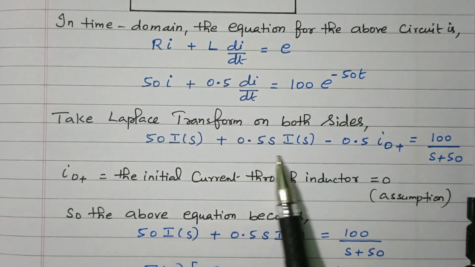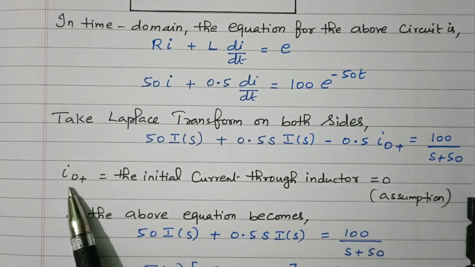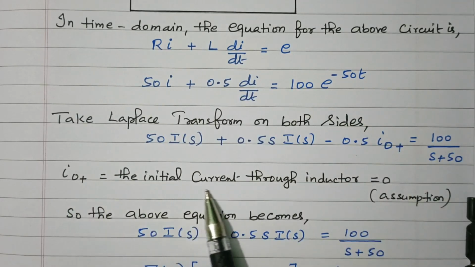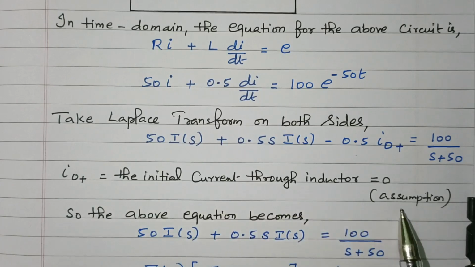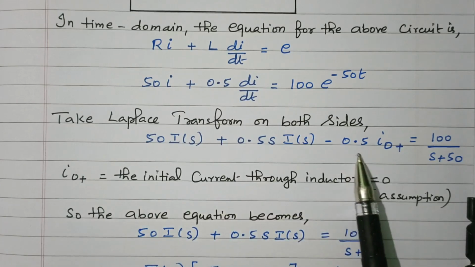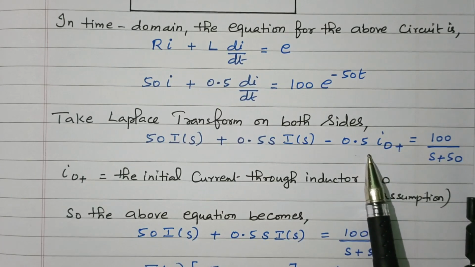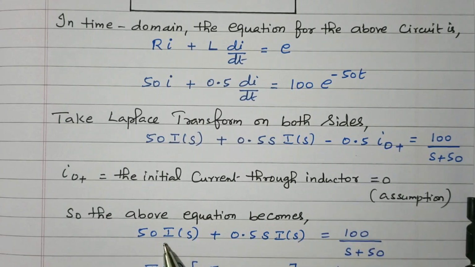Now Laplace is taken on both sides. So I0 plus is the initial current through the inductor, which we assumed as 0, since the initial current is not mentioned in the problem. So we take this as equal to 0. After this 0, what we got? 50 I of S plus 0.5 S into I of S equal to 100 divided by S plus 50.